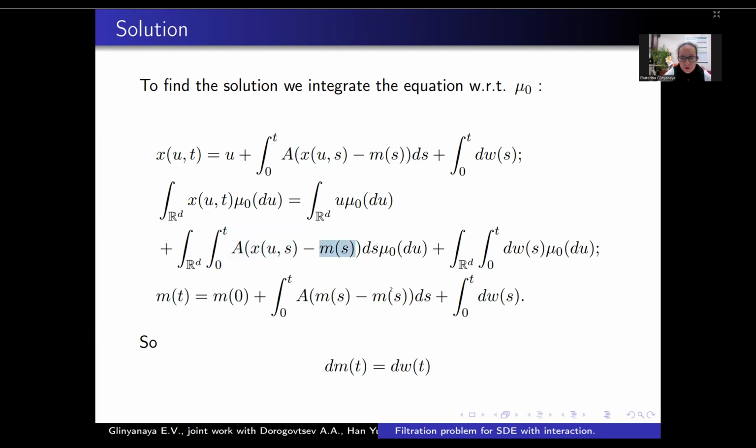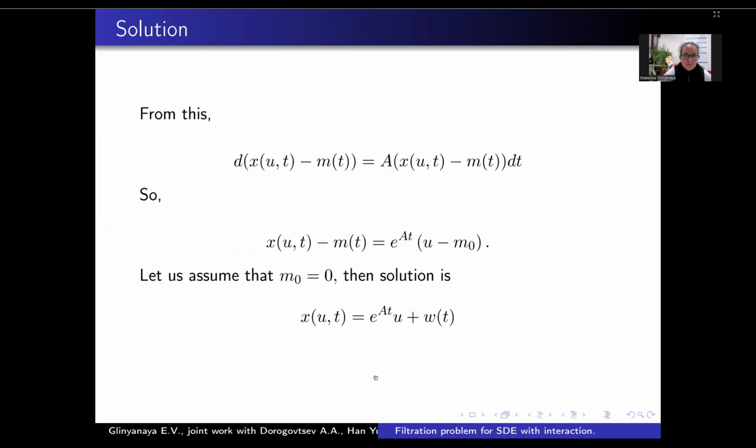So it is equal to 0, and then there is the integral with respect to the Wiener process. This is a simple case, and the noise doesn't depend on space, so integration with respect to u just disappears, and we have the equation for the center of mass. We can see that the center of mass just moves like a Wiener process itself.